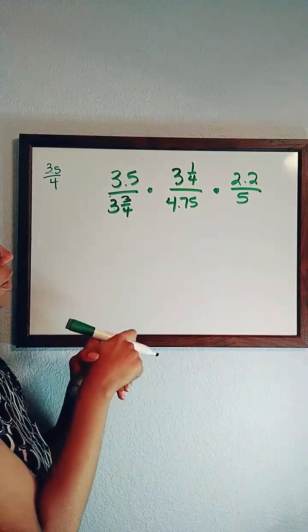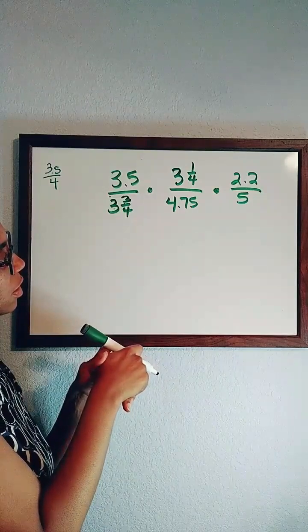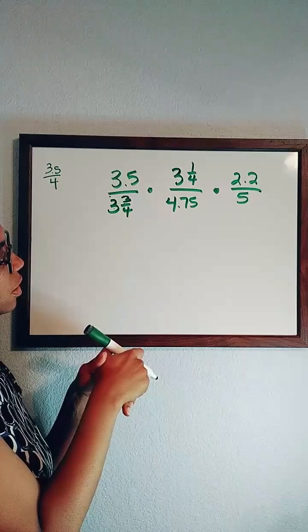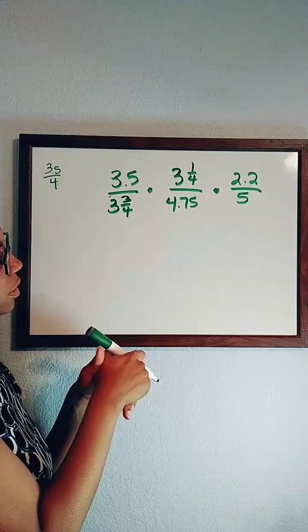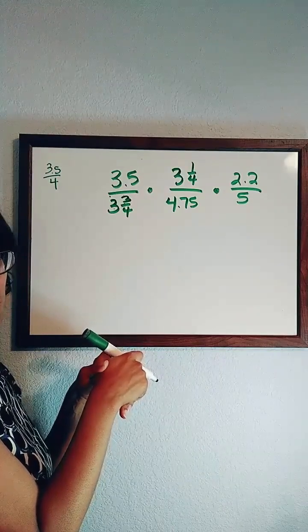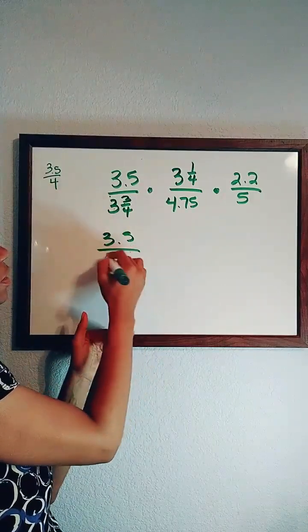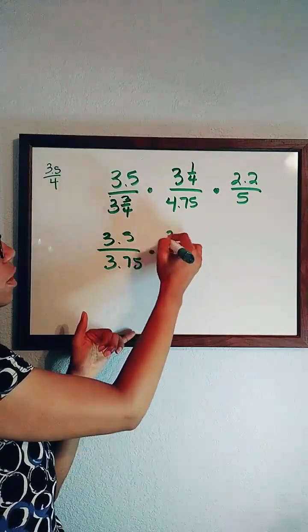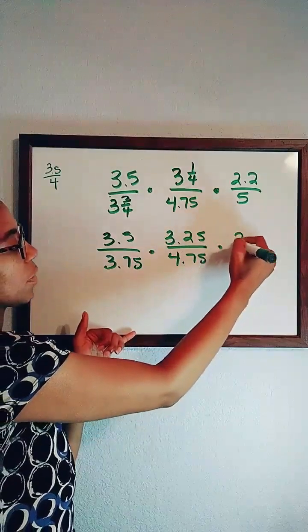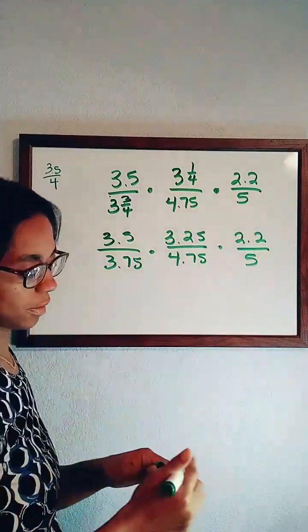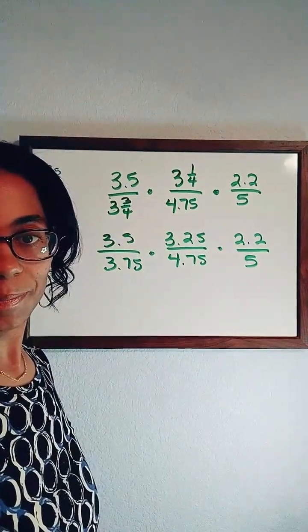Just turn everything into decimals, or turn everything into fractions. I can't handle fractions. Okay, so then do this: 3.5 over 3.75 times 3.25 over 4.75 times 2.2 over 5. That's it? And then just multiply across? Yep. Oh, thank you.